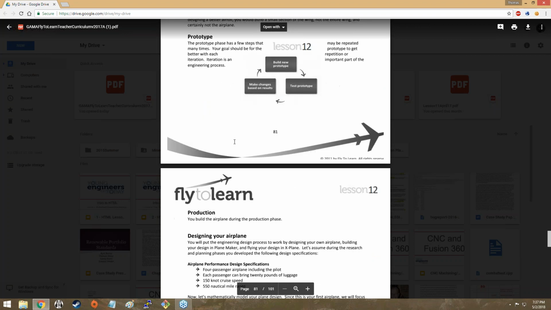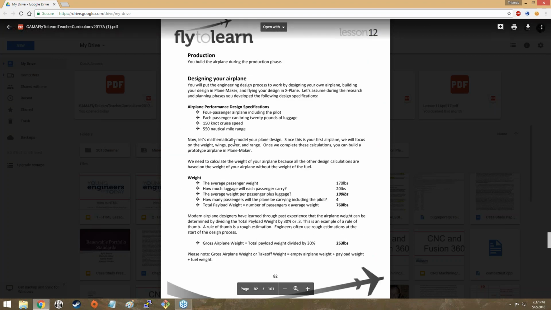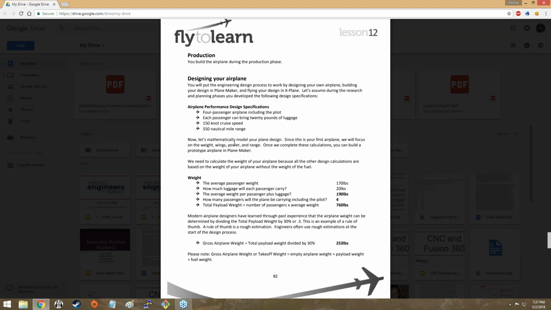So as far as designing airplanes is concerned, I think we actually spent most of the class going over this last Wednesday, and then Monday, presumably, you guys went over it again. Anyway, the numbers are going to be here now, which is going to make things easier. So average passenger weight, we're looking at about 170 pounds.